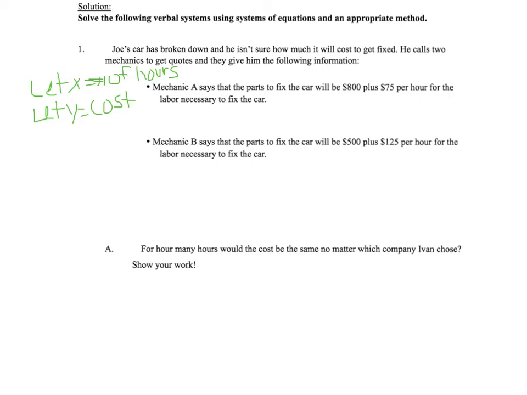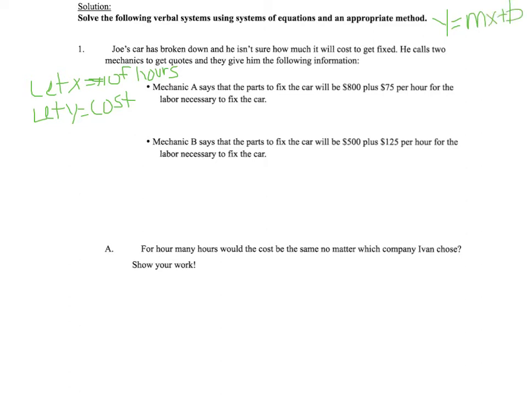So for mechanic A, it says it'll cost $800 for the parts and then $75 per hour for the labor necessary to fix the car. So we know our equations are going to be in the form y equals mx plus b.